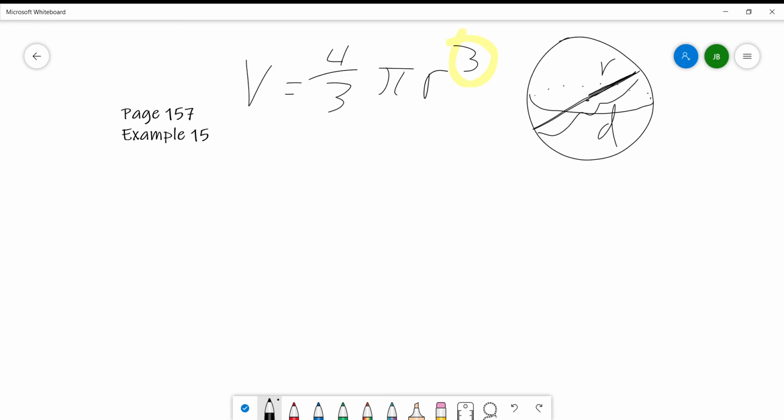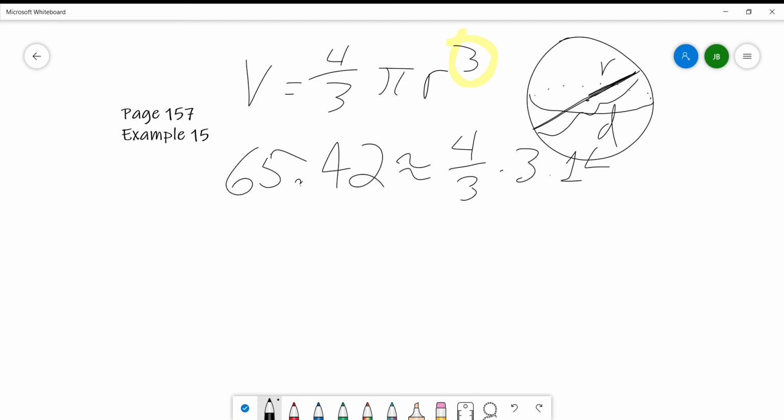So our V equals 65.42, which is approximately equal to 4/3 times 3.14 times r cubed.